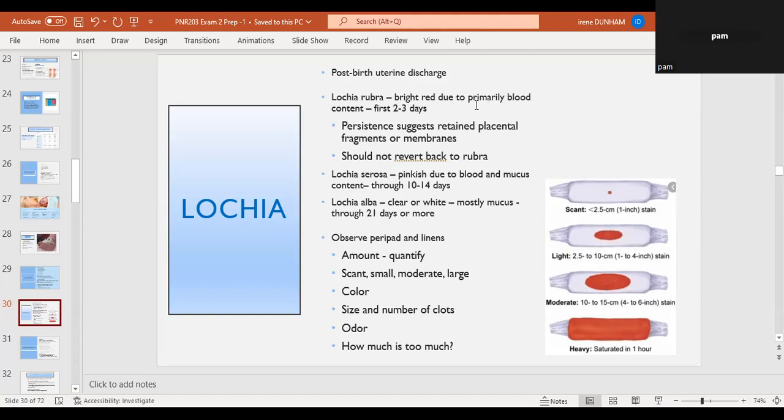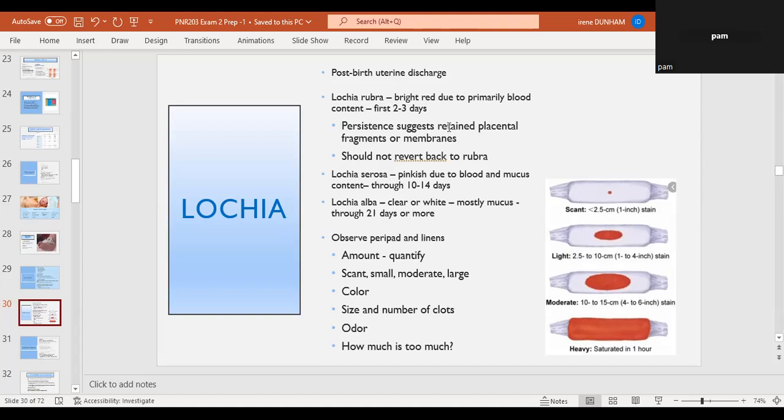So then I would tell them, if you find that you're having bright red bleeding again, then what you need to do is call and you'll come back to the hospital. Because what happens is that could be the placenta fragments or membranes are still there. A lot of times patients go home in the first day or two.